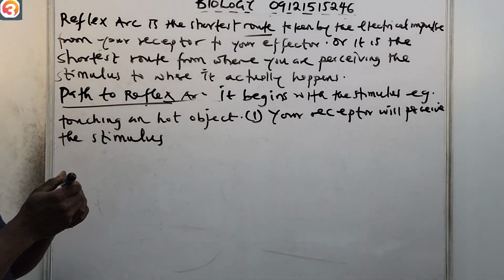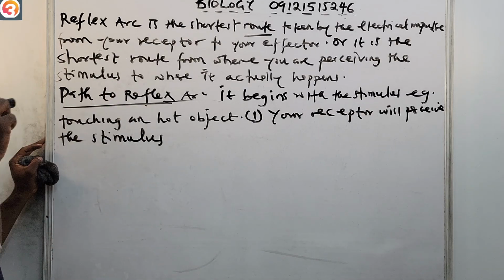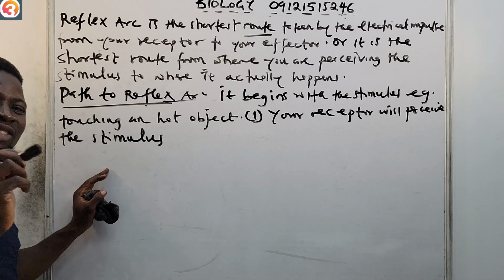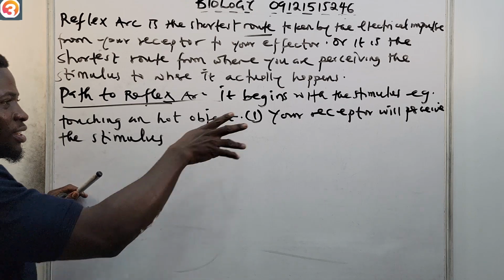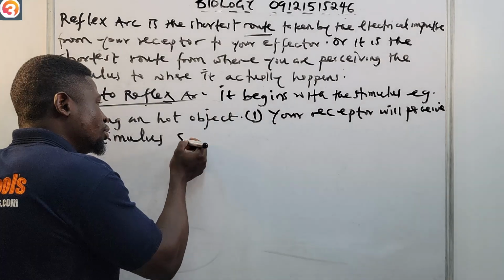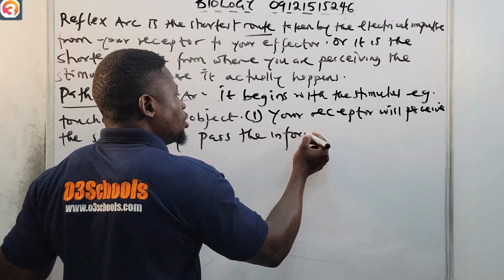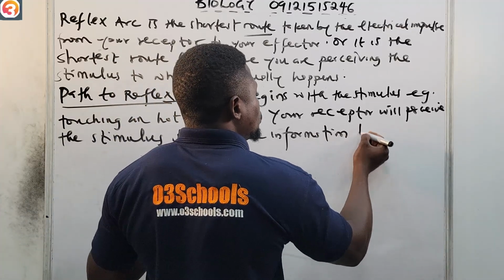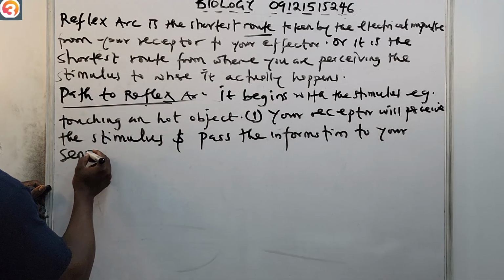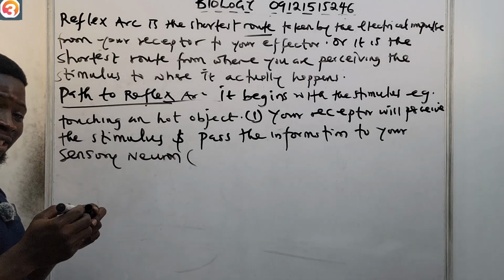That is the first thing that will happen. Your receptor will perceive the stimulus and then pass the information to your sensory neuron.